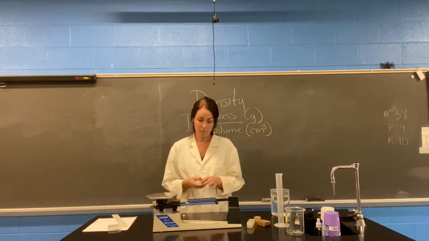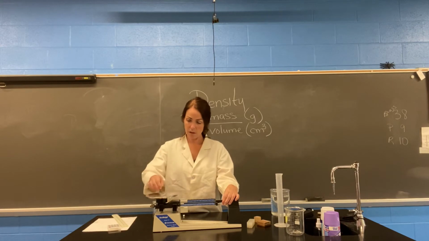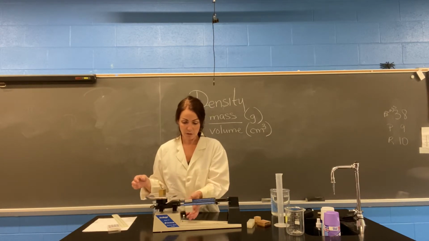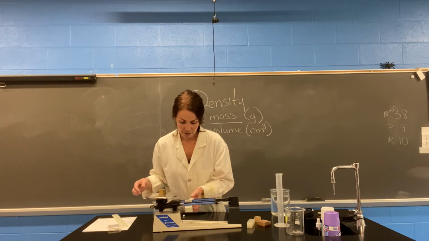So we're going to remind ourselves how to do this. We place all of the beams on 0, our block on the plate. We use the largest beam first. Put it at 100. 200 is too much. We try our second largest beam. 20, 30, 40 is too much. Go back to 30.